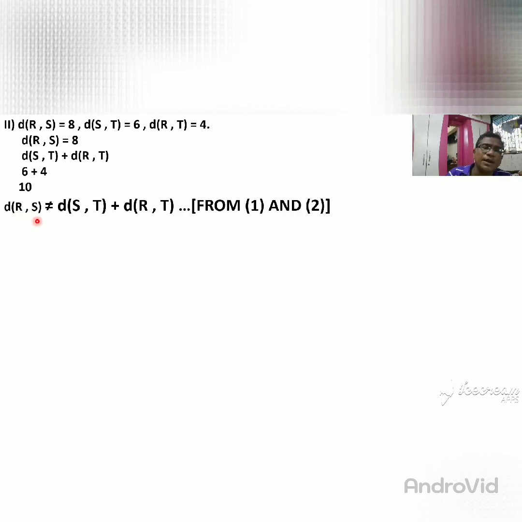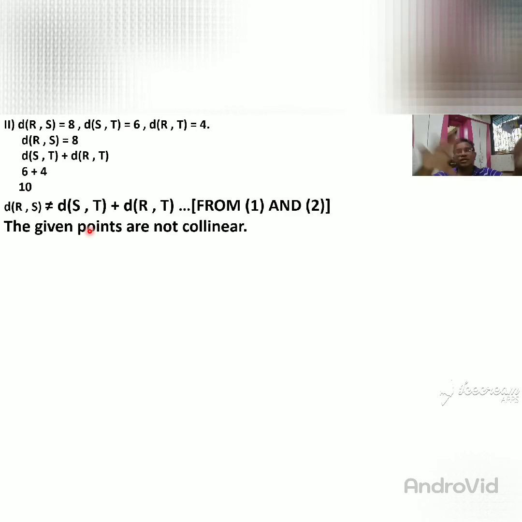So we write it in such a way: distance R comma S is not equal to. Why do they say not equal to? Because distance R comma S is 8 and distance S comma T plus distance R comma T is equal to 10. So this 10 is not equal to 8. So there is no betweenness and these points are not collinear. It means all these points are not on a single line.